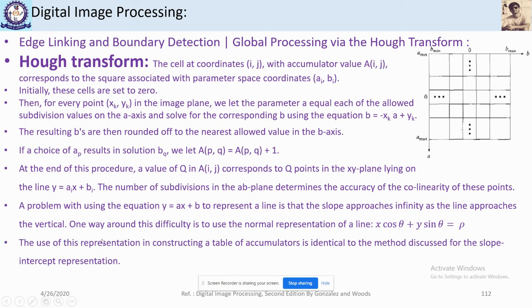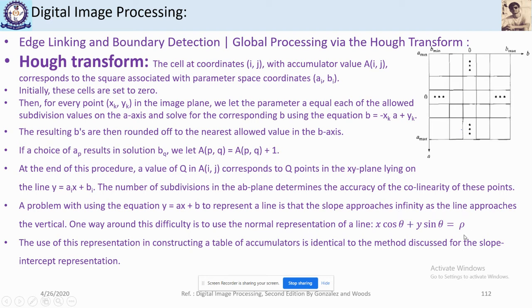The use of this representation in constructing a table of accumulators is identical to the method discussed for slope intercept representation. So converting this equation into the parameter plane is similar to whatever procedure we have seen here. The same way we will convert this xy plane into the parameter plane.